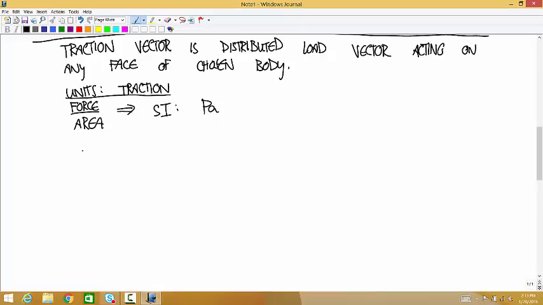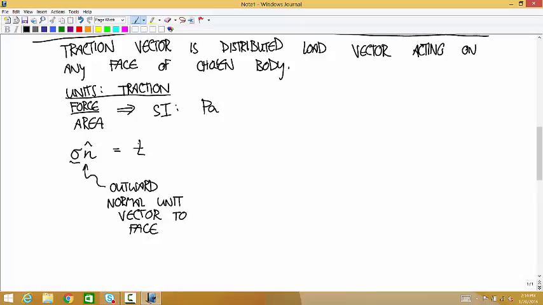And if you take the stress tensor and multiply it by an outward facing unit vector, so this is an outward normal unit vector to the face, it gives you the traction vector on that face.